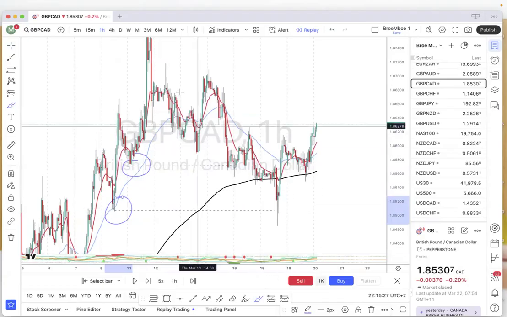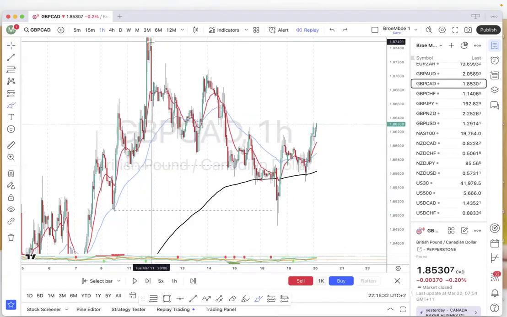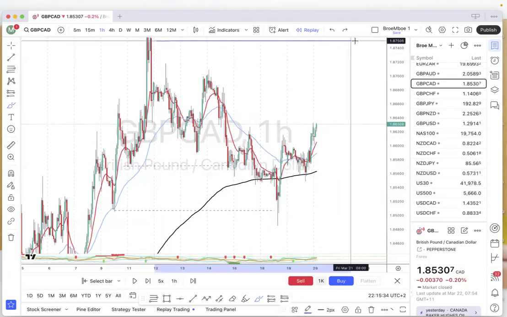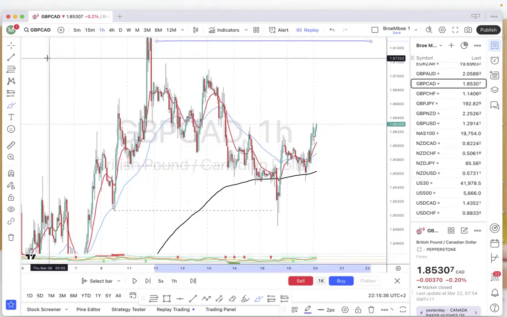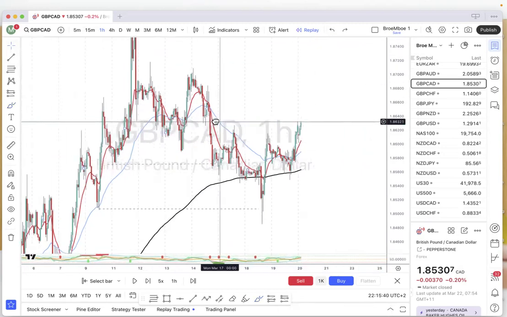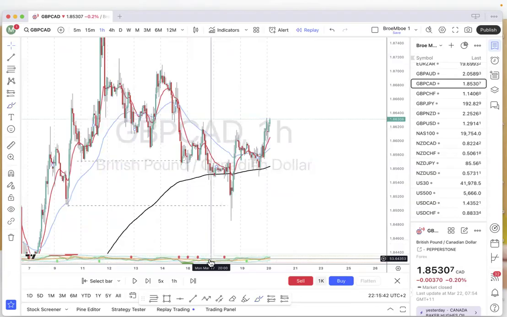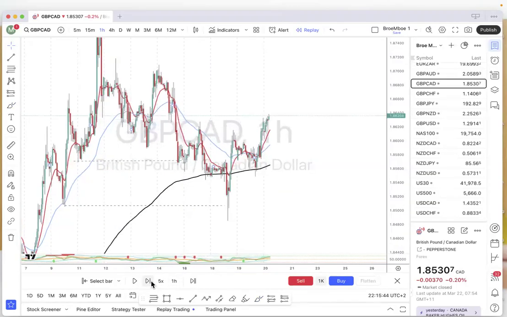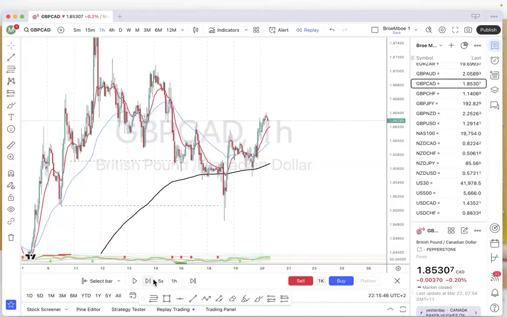So in that case, for it to be a buy, the market will have to break that high over there. So in this case, what's more favorable for me is to look for a sell, not a buy. That's the reason why I looked for a sell in the first place.